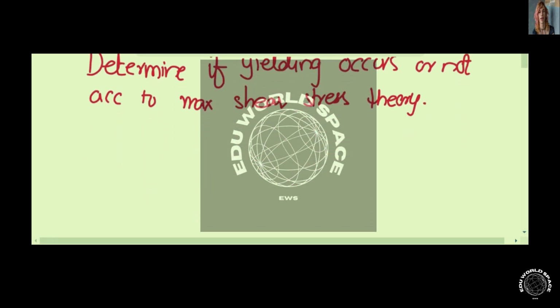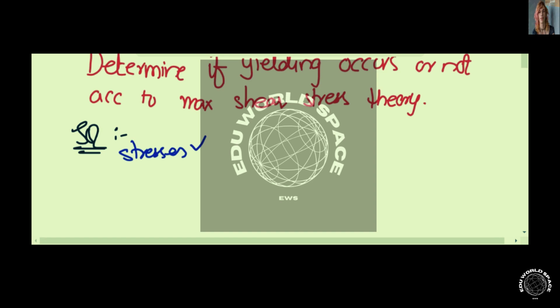The solution is a little bit lengthy, but it's very simple. We are going to start by finding the stresses created by the internal pressure P, and to do so we are going to use chapter 8 theory.